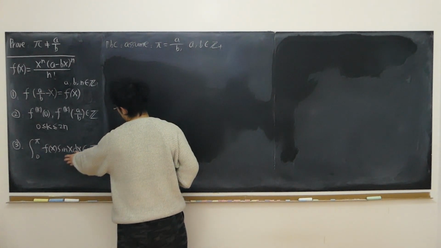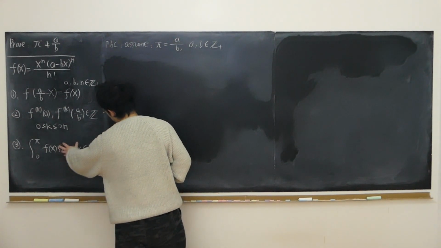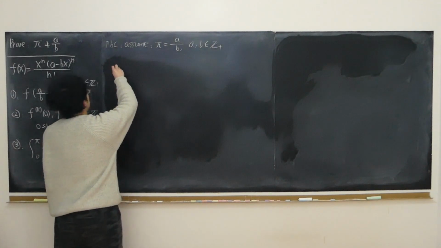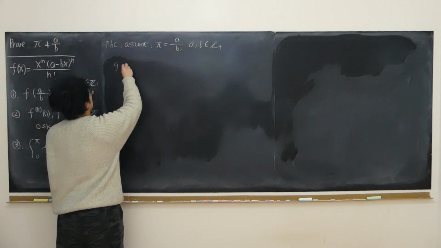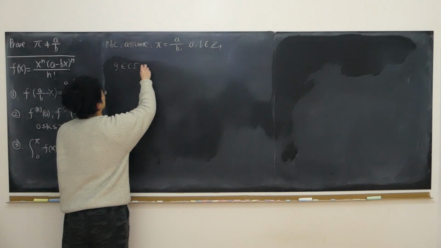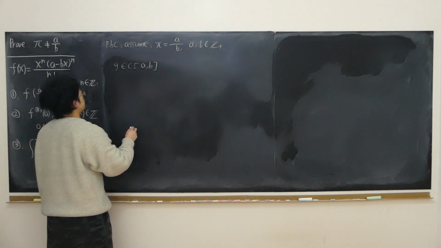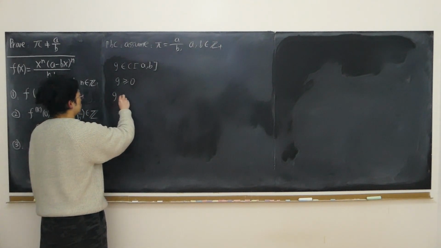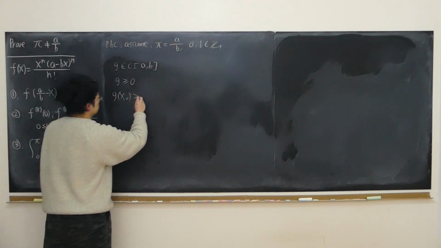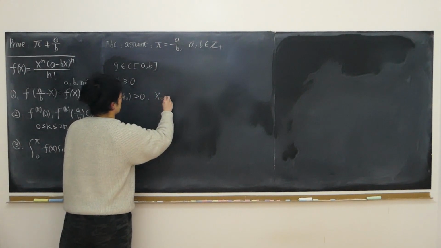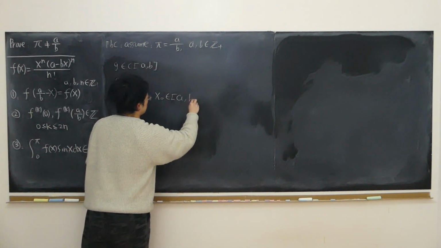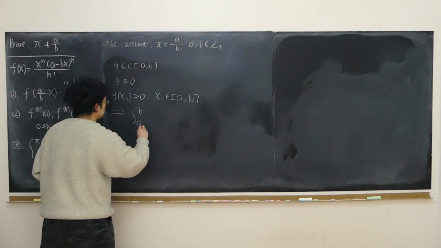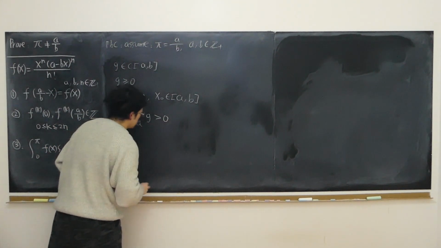So, first of all, this integral is some integer. Then I'm going to show that this integral is strictly larger than 0. I'm not going to prove it now, I'll prove it in a future video. I'm going to use the fact that if some function g is continuous over some closed interval, and g is non-negative, and there is some point x in this interval where the function value is strictly positive, then we can conclude that the integral from a to b of g is strictly positive.